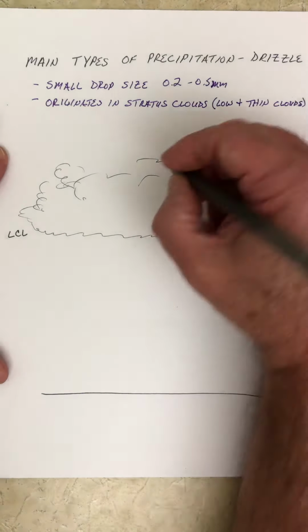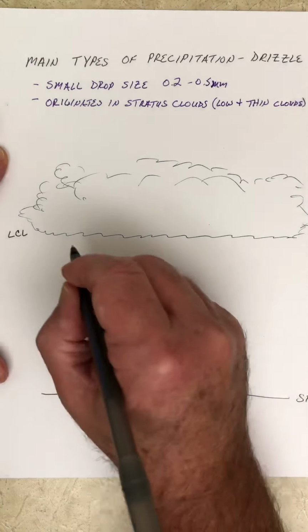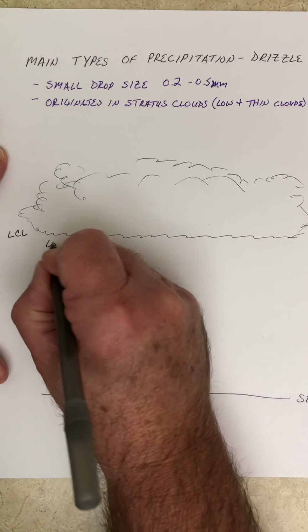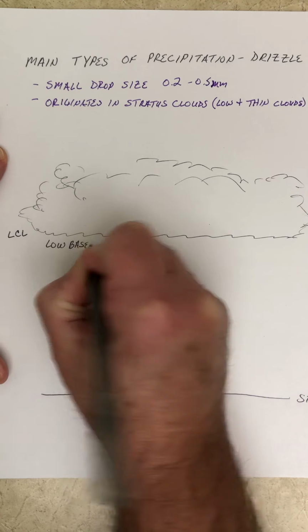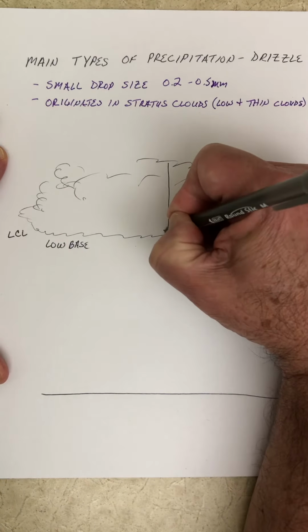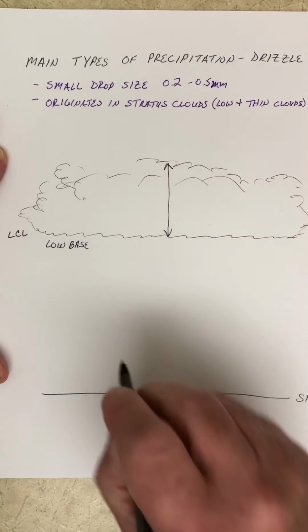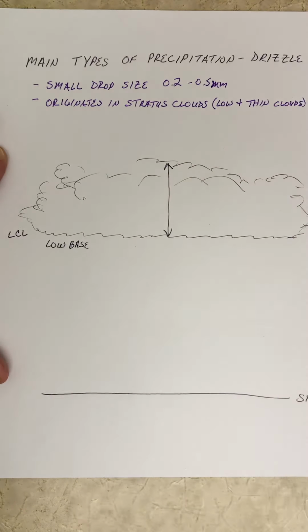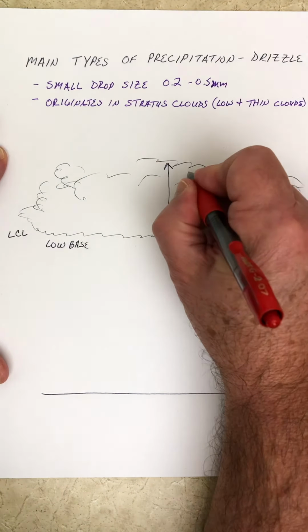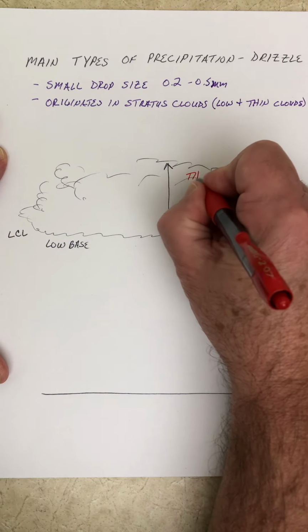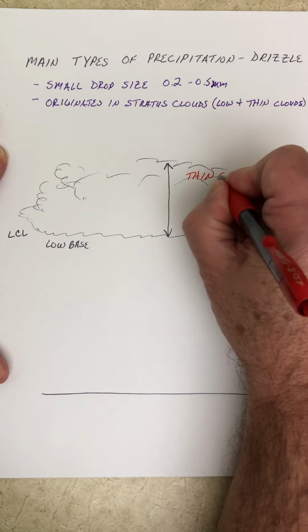All right, and so we've got our low cloud base, and the depth of this cloud is relatively thin. So maybe I'll use a little different color to bring this out. So we've got a thin cloud here to work with.